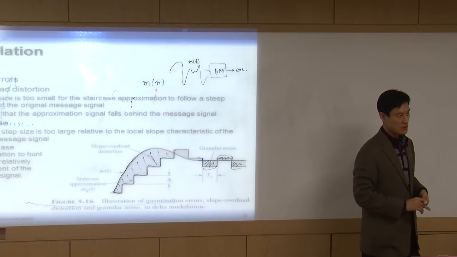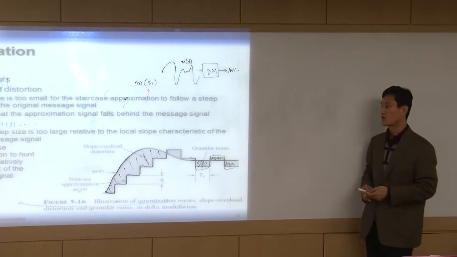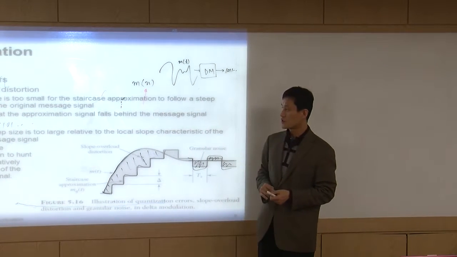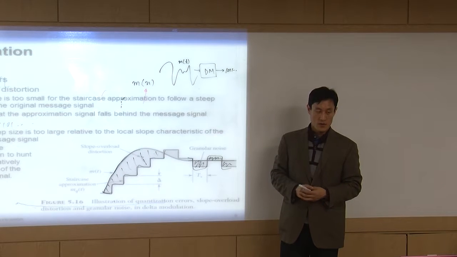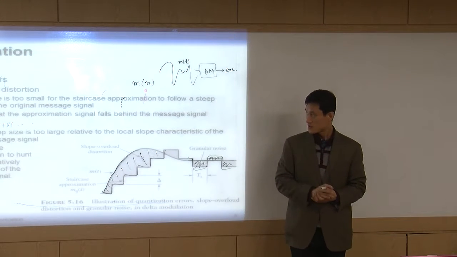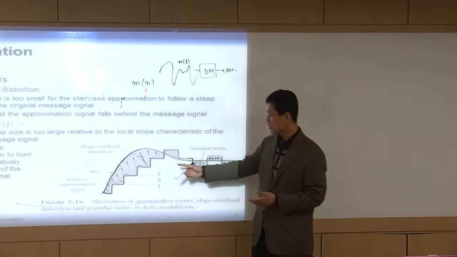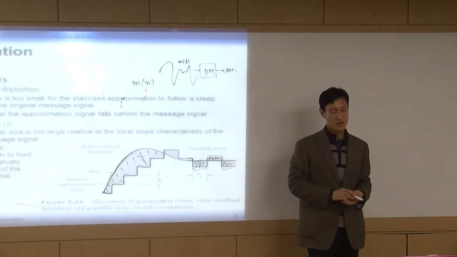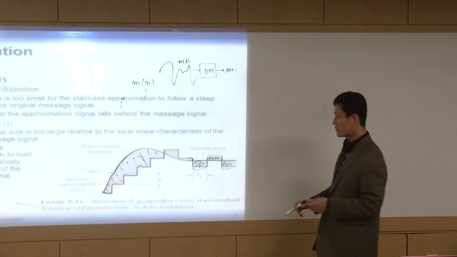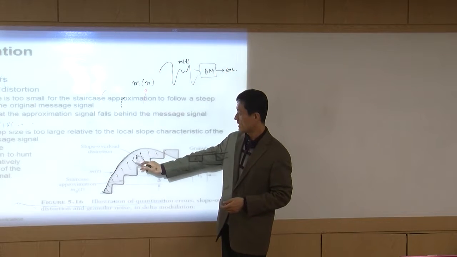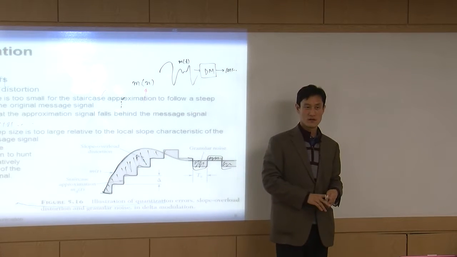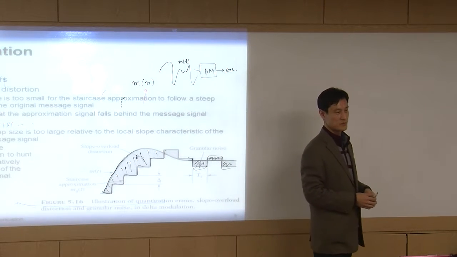That's the granular noise. We have these two, distortion or noise. Every time you see this kind of noise or severe distortion, you have to think about two things. Why do we have this problem? And how can you avoid the slope overload?